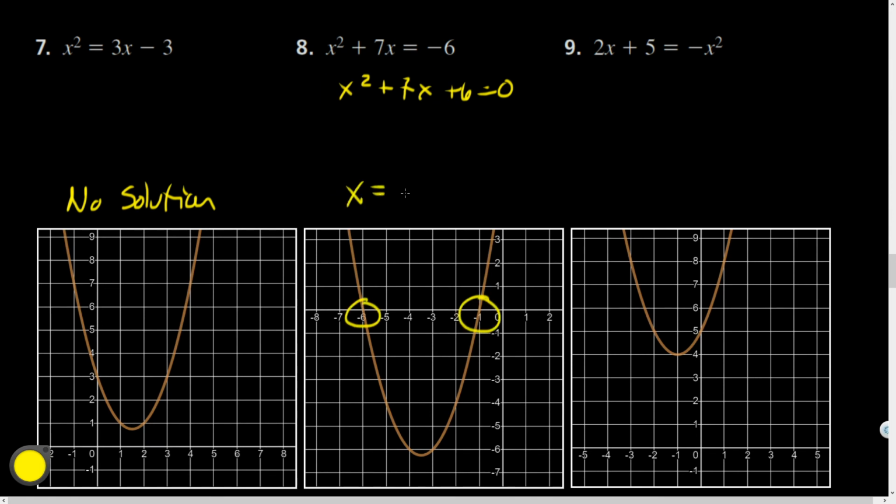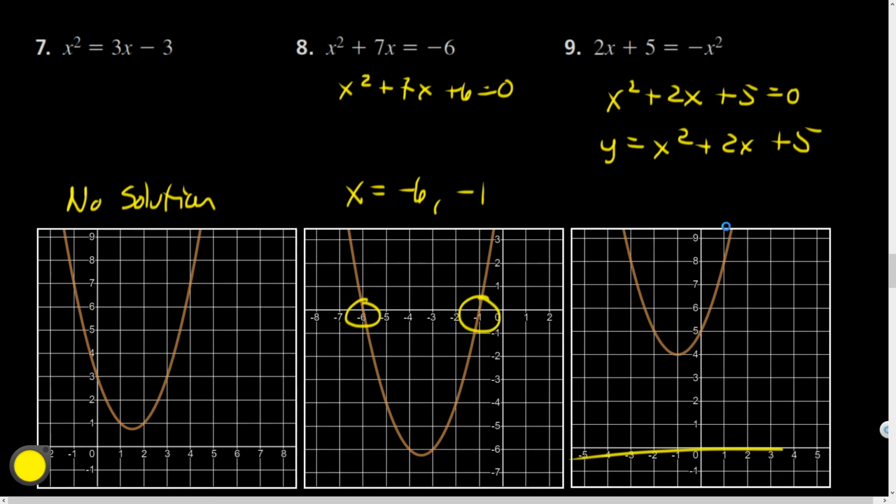So my x answers are -6 and -1. And over here, when I graphed, this one's positive, so I must have added x squared to both sides, right? So I would have had x squared plus 2x plus 5 equals 0, and then I would have graphed y equals x squared plus 2x plus 5. And notice, wait a minute, this never crossed, and so this one had no solution.